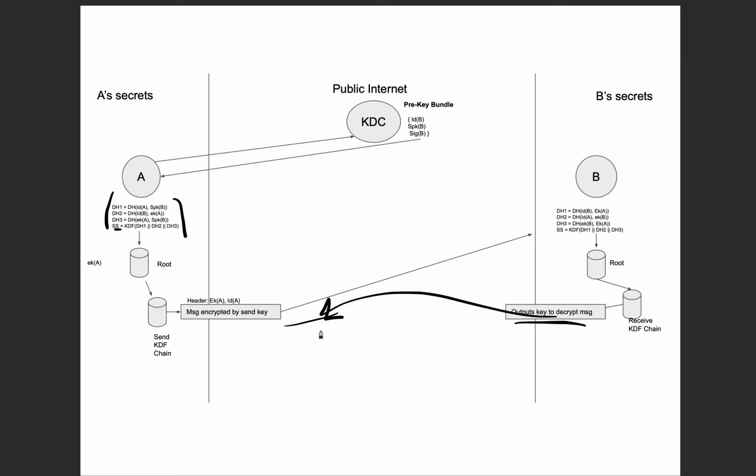And then the other ratchet is the Diffie-Hellman ratchet. As I was just explaining, with every message that's sent, there's a new key. And then once the recipient gets this new ephemeral key, they're going to have to do one more Diffie-Hellman to get the secret that they're going to use to initialize the receiving chain. So those are the two ratchets, and that's why it's called the double ratchet.